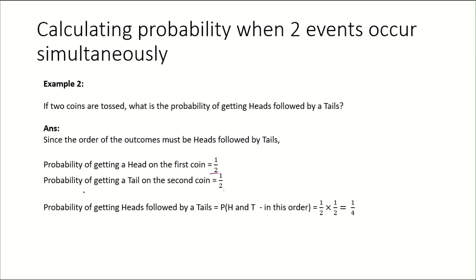Basically, we want a head. Now, the probability of getting a tail on the second coin is also half, right? Because again, it's 2 outcomes. Now, one outcome is tail, one is a head. Now, since we want tail on the second outcome, it's again 1 by 2. So the probability of getting a head followed by a tail is basically the probability of 2 events occurring simultaneously, which is the probability of head and tail in this given order. So it is 1 by 2 times 1 by 2, which is 1 by 4.